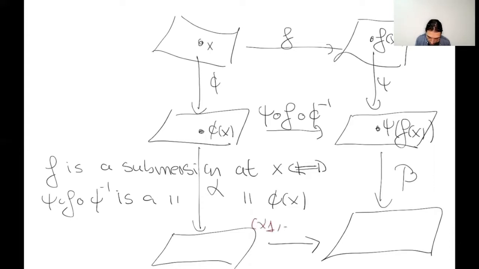It's the map that is sending x1, x2 till xm to its n first coordinates.